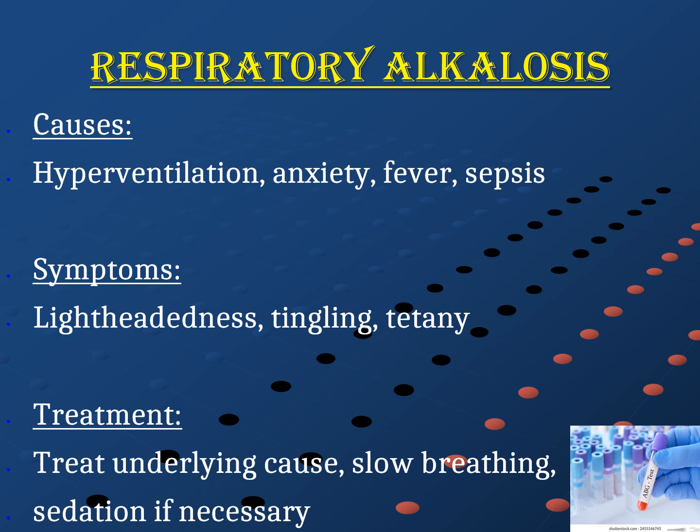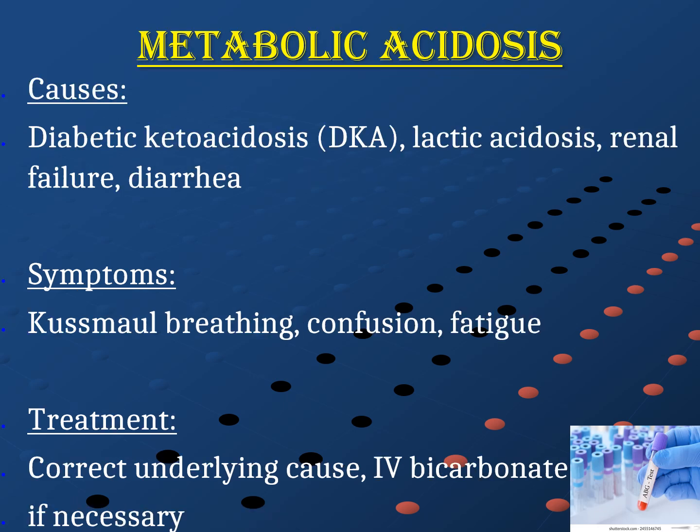level and alleviate symptoms. Metabolic acidosis. Causes: 1. Diabetic ketoacidosis, DKA. 2. Lactic acidosis. 3. Renal failure. 4. Diarrhea. Symptoms: 1. Kussmaul breathing, deep, rapid breathing. 2. Confusion. 3. Fatigue. Treatment: 1.